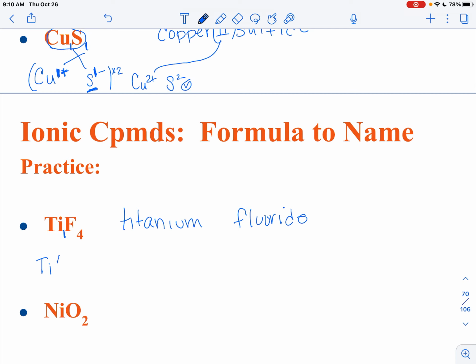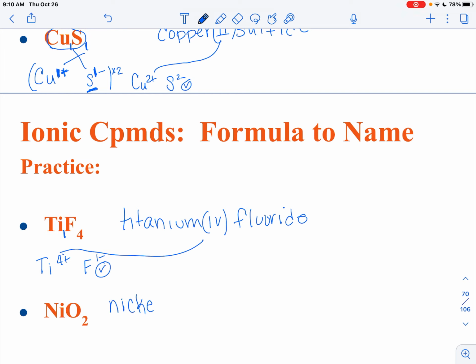When we reverse crisscross, we get 4+ for titanium, 1- for fluorine. If we look up fluorine on the periodic table, it is 1-. So this 4 becomes our Roman numeral charge on titanium.